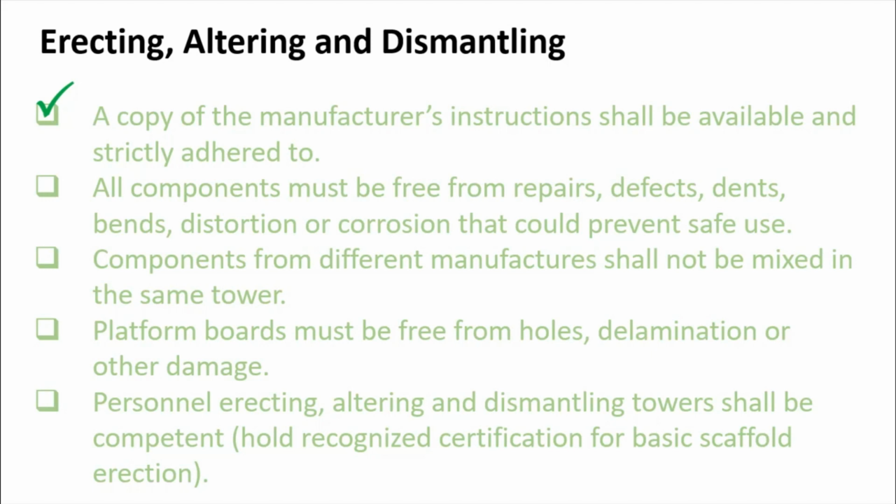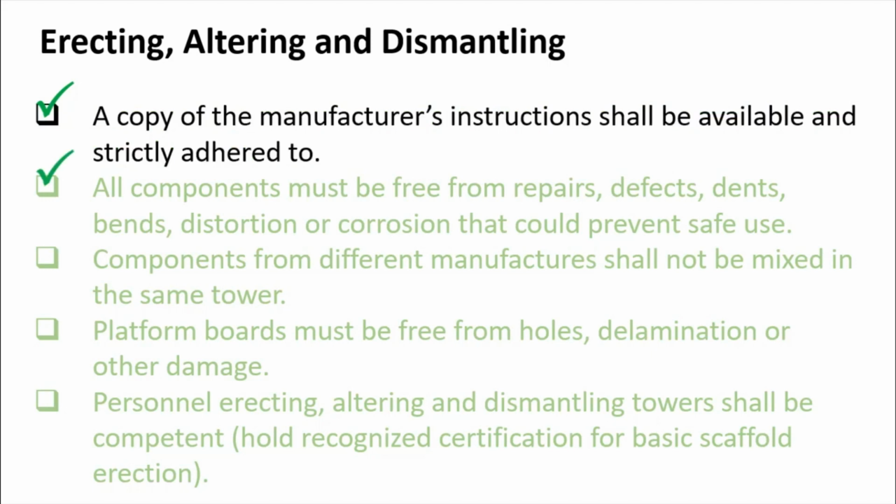On erecting, altering, and dismantling of mobile scaffold, there are requirements such as a copy of the manufacturer's instructions shall be available and strictly adhered to. In the manufacturer's instructions or the manual, you can find the safe erecting, altering, and dismantling of this scaffold, even the use of the mobile scaffold.